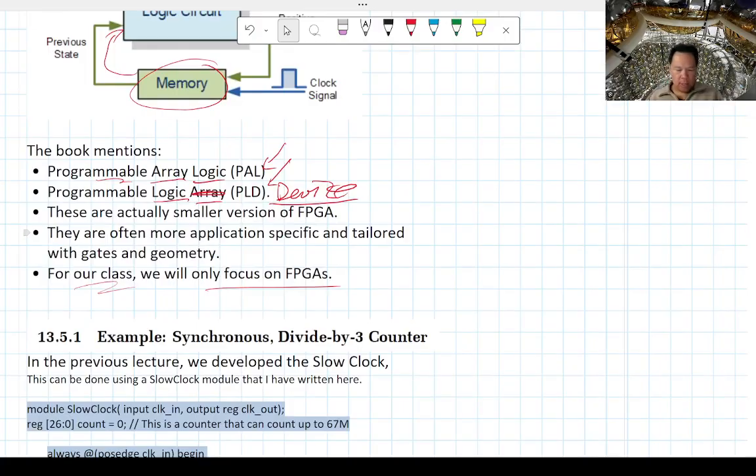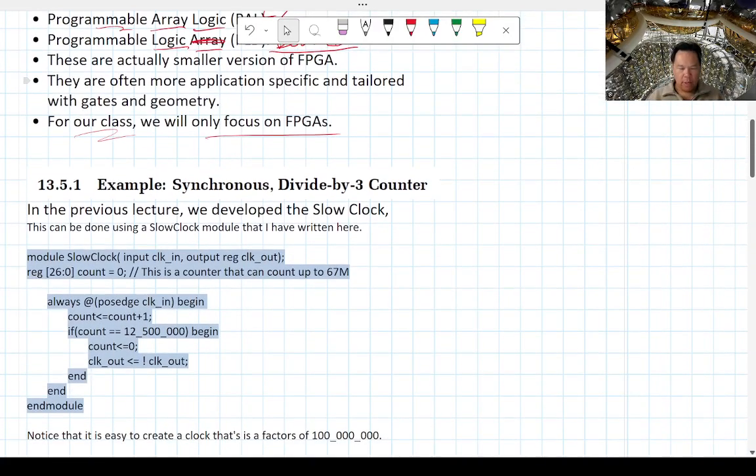But the book has a really cool example of using this to do a divide. This is known as a divide by three counter. So why, what is this divide by three thing? Let's describe why it's needed sometimes, okay? Going back to the previous lecture, we talked about the slow clock, right?